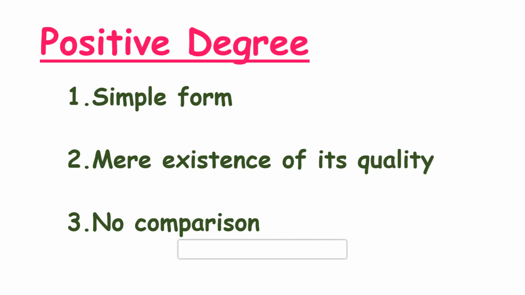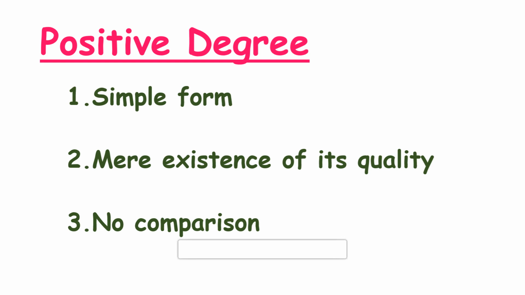Positive degree, as the word denotes, talks only about the base form of the adjective, where no suffixes are added. The positive degree of an adjective is the adjective in its simple form. It is used to denote the mere existence of some quality of what we speak about. It is used when no comparison is made.